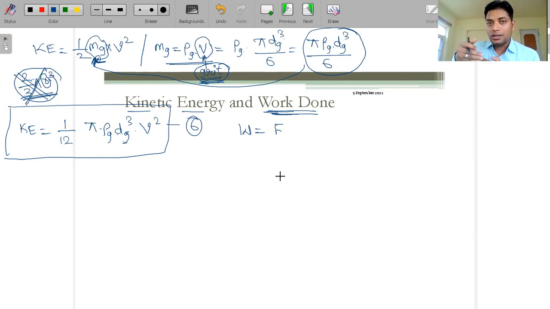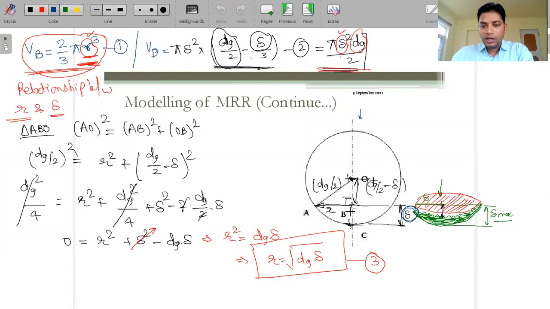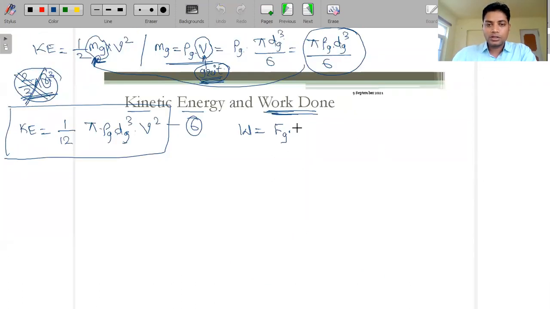What is impinging? The abrasive particles or abrasive grits. So this force is basically of the abrasive grit, that is Fg, into how much distance is traveled. This distance is traveled when it initially impacts this surface, and the maximum distance we are considering is delta. So this is Fg into delta.